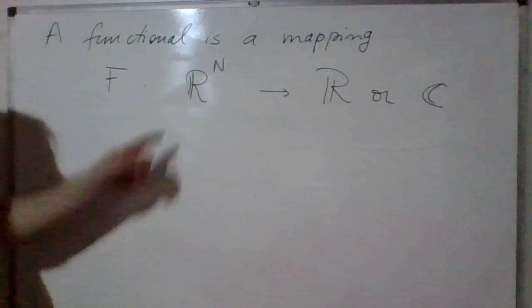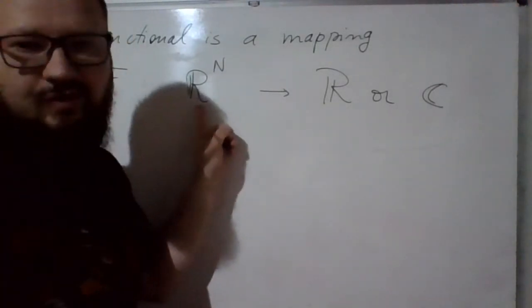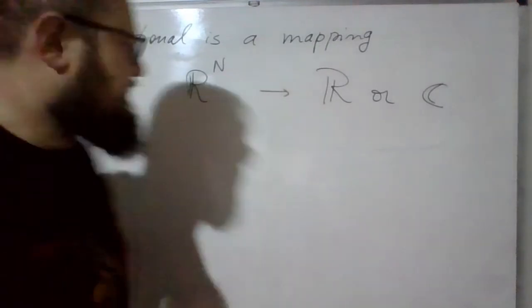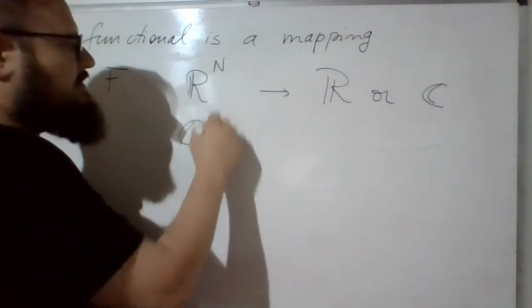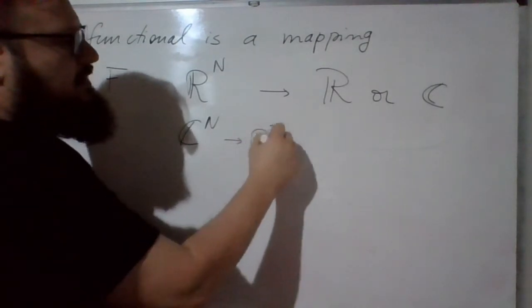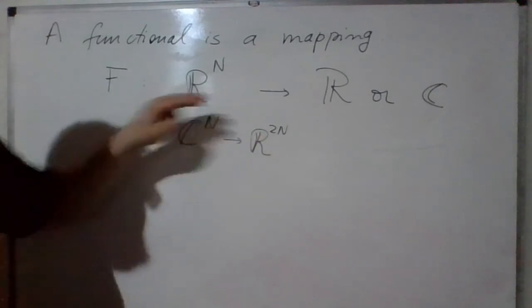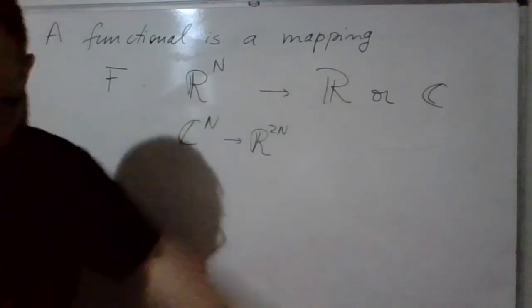Okay, it could be, for instance, complex here also, but complex in n dimensions corresponds to perhaps reals in 2n. So I will discuss in brief this notation here.